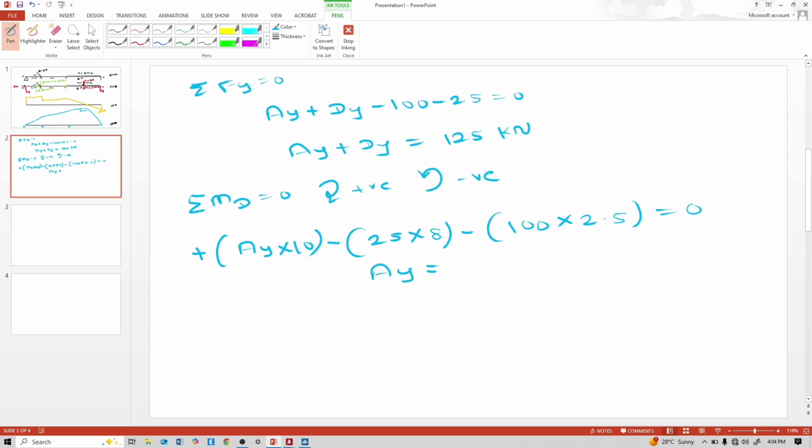So AY is equal to 45 kilonewton. Put this AY in this equation.